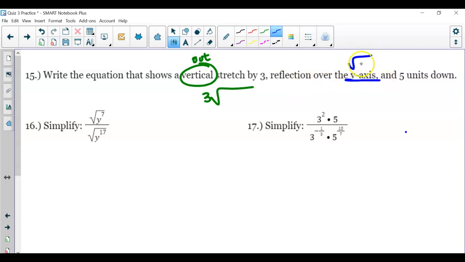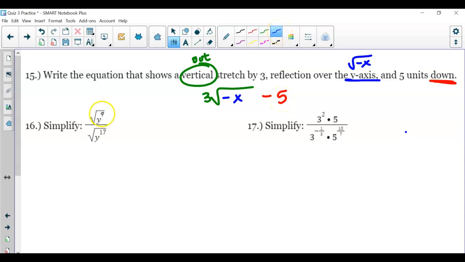But that negative value to show the reflection over the y-axis now needs to be inside of the radical. So negative x, and then here 5 units down. So that means again, up and down, that is outside. So minus 5.